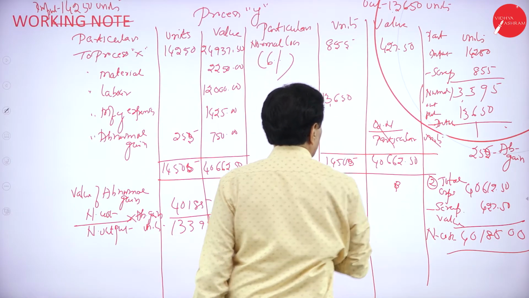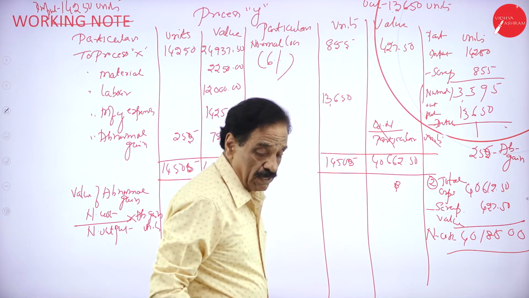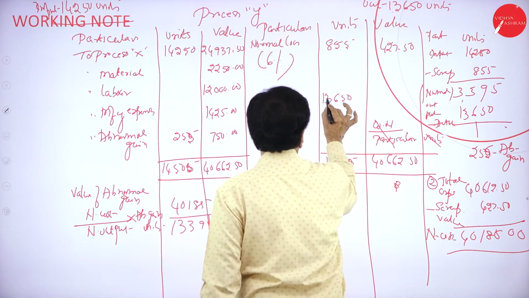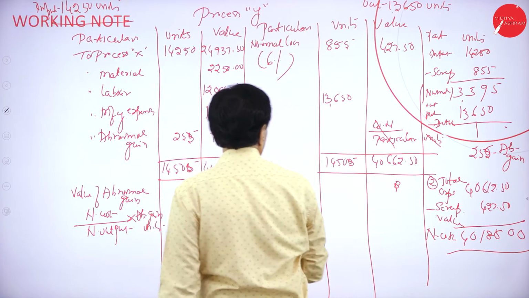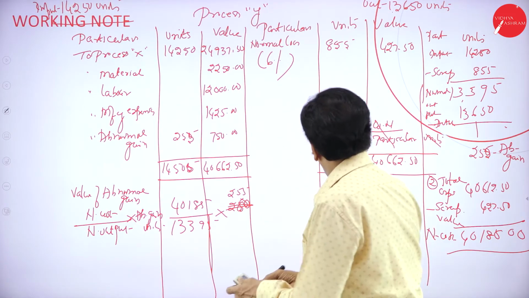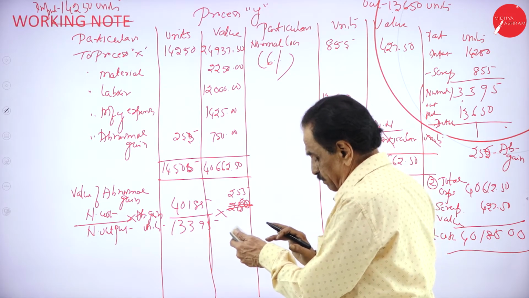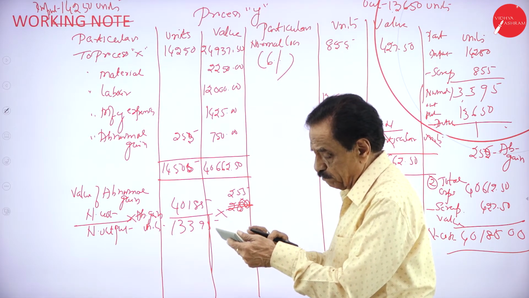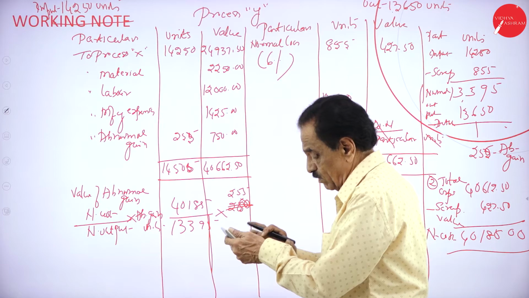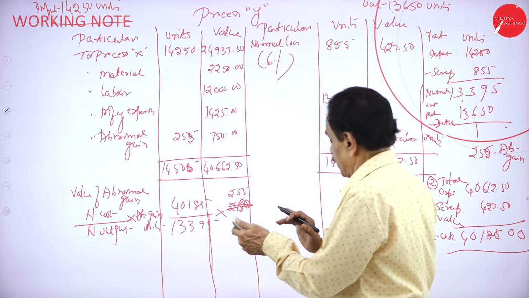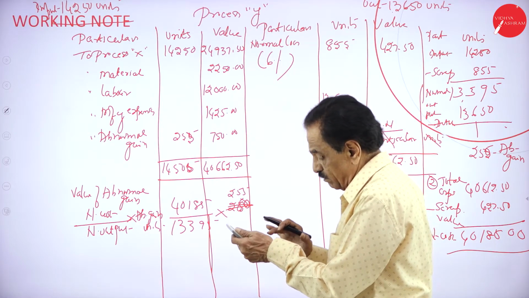13,650 is the output. What's your total cost for 13,650 units? Now, here by 13,650 deduct 40,662.50 minus 427.50.